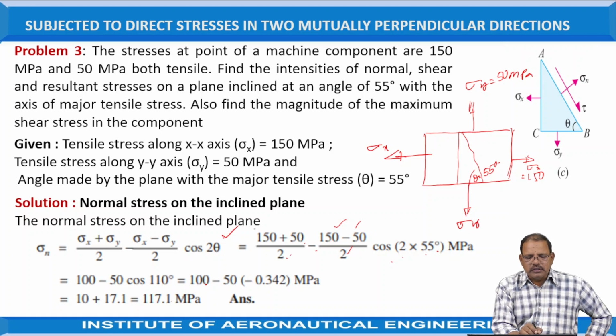Cos 110 degrees is negative 0.342. So it is 100 plus 17.1, equal to 117.1 megapascal.